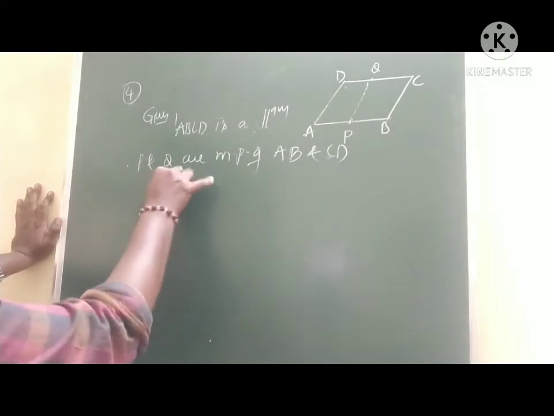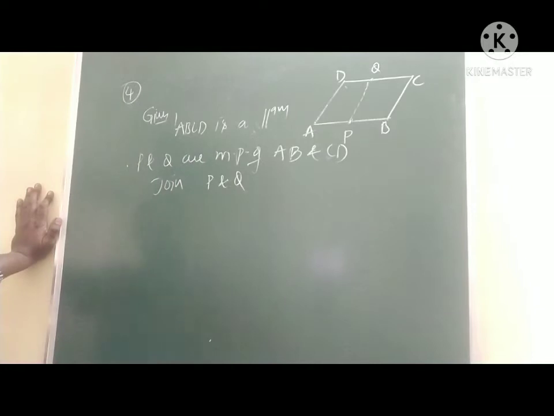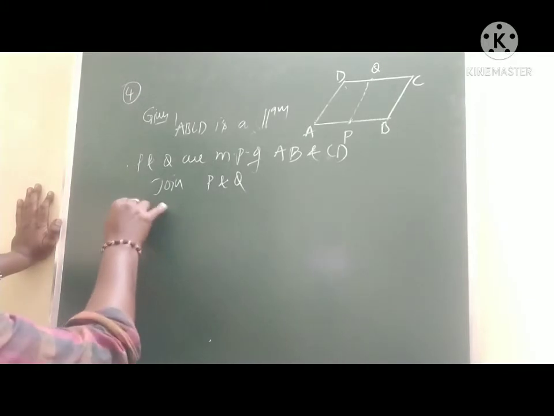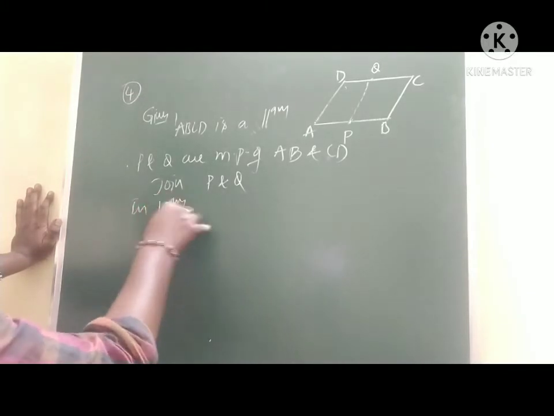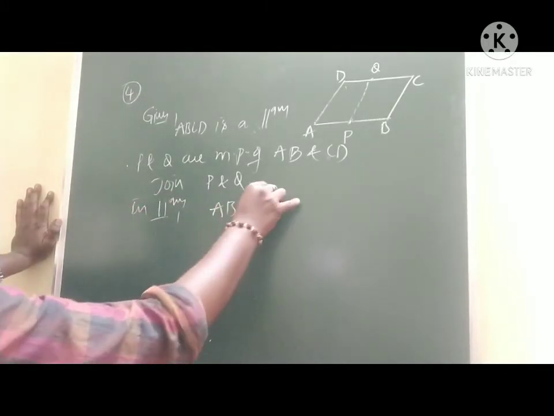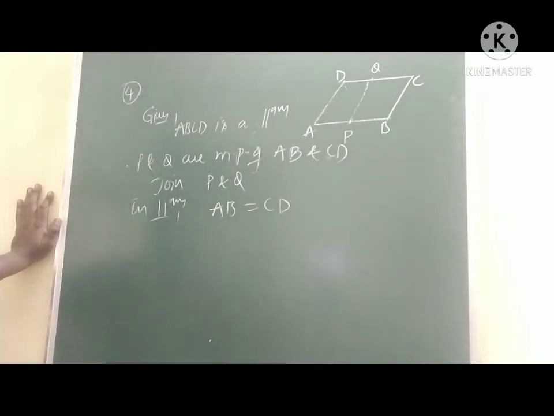Let me write, join P and Q. P and Q are the midpoints of the sides, right? So in the parallelogram, opposite sides are equal. So AB is equal to CD.